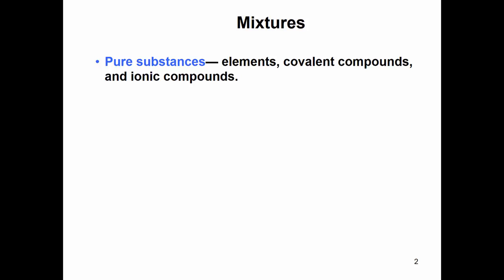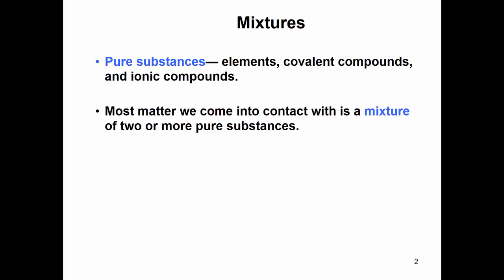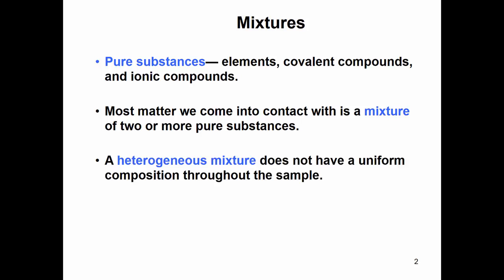We discussed way back, quite a few videos ago, what a pure substance is versus a mixture. So pure substances are our elements and compounds. But most matter that we are in contact with is a mixture of two or more substances. So we have heterogeneous mixtures, and these mixtures do not have a uniform composition throughout the sample.